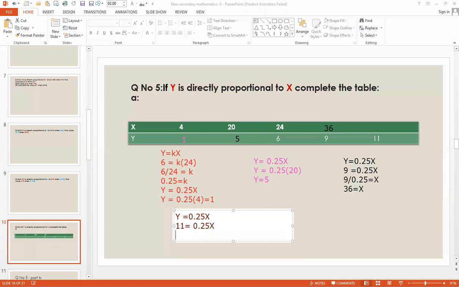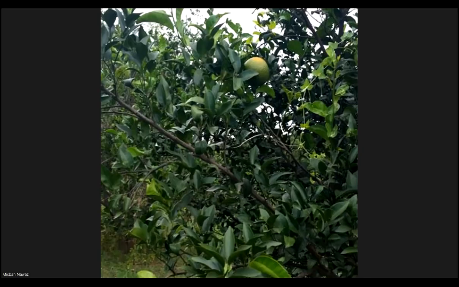Now we have to divide 11 by 0.25, and after dividing we are able to get the value of x. So again I need your help. 11 divided by 0.25 and that is equal to 44. 44 is equal to x. Is it clear? This is about question number 5 of this exercise. I think it is clear to all of you.